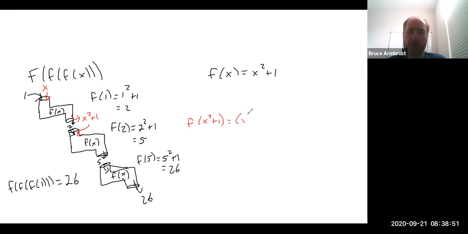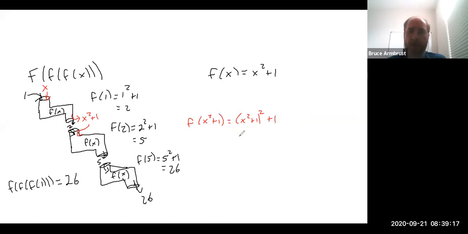But the rule says take what you're plugging in and square it and add 1. So what we're putting in is x squared plus 1. We're going to square it and add 1. That should be a 1, not a 4 looking thing. Sorry about that. Okay.